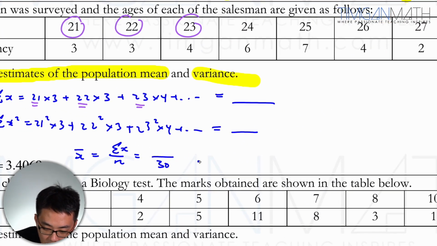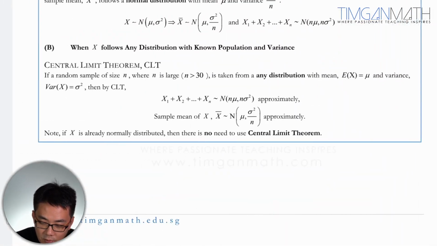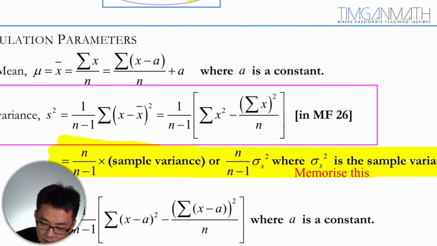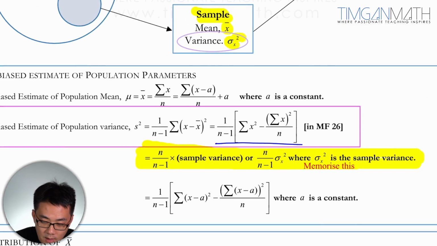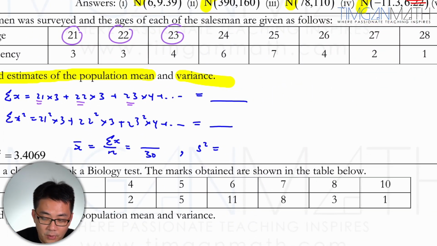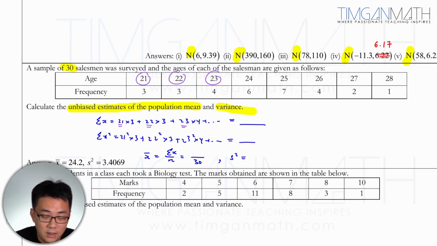Then after which, to find s squared, I'm just going to use the formula in MF26. If I have all the data points, I can use this one. Meaning, this is raw ungrouped data. This is raw data in the sense that you can tell how many data points you have and so on.